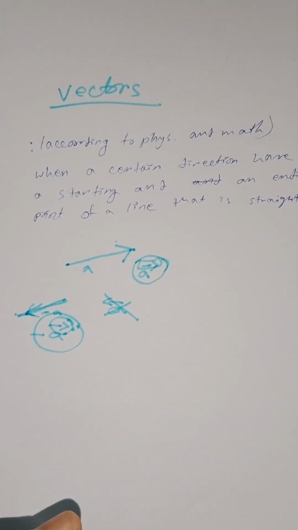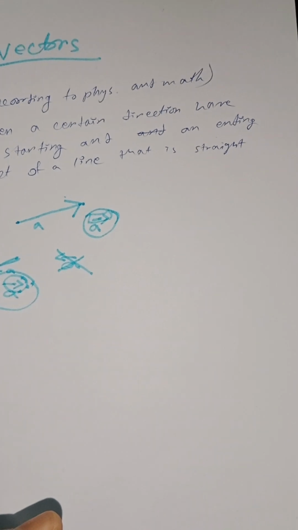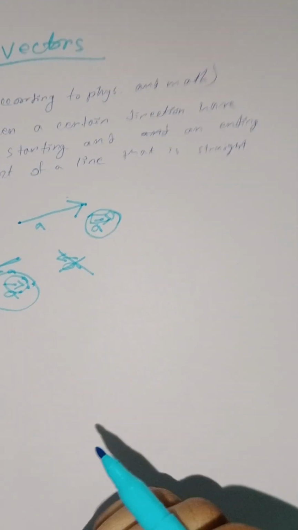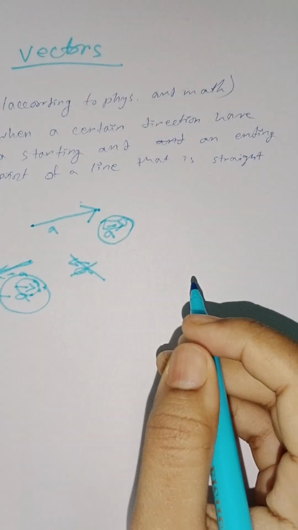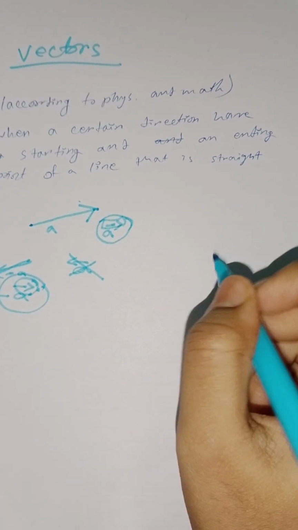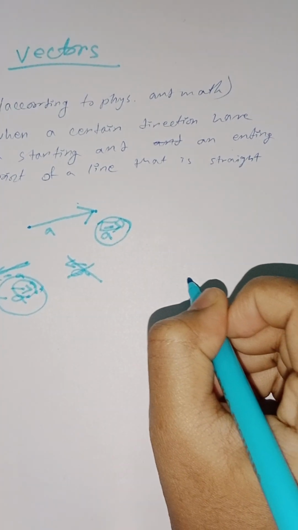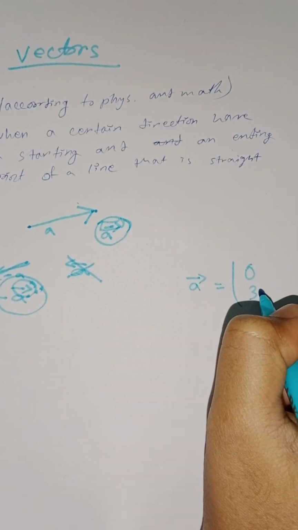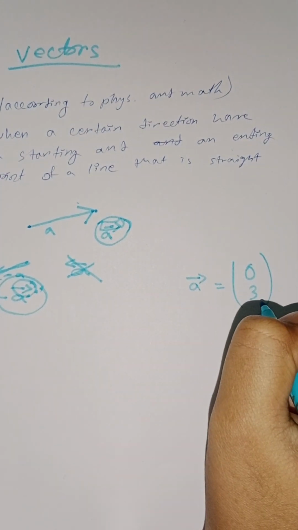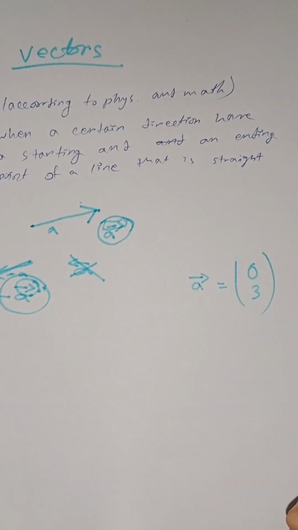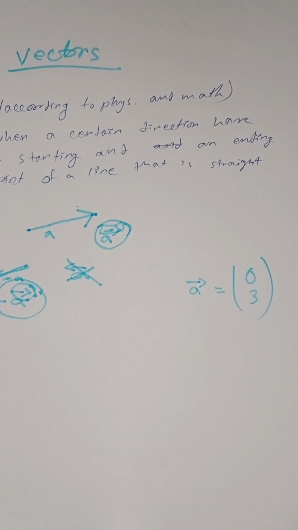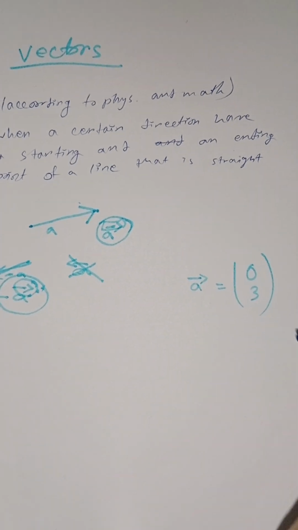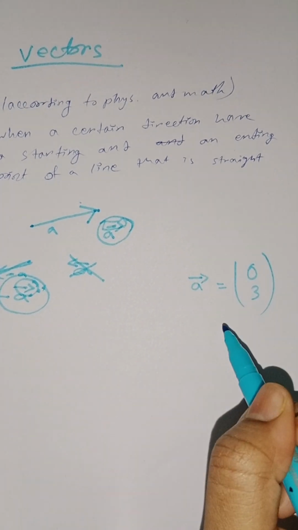That is about it. Now we are also going to see how we can do a few maths. So suppose I'm saying that vector A is 0 and 3. Now you may be asking, where do I put the 0 and where do I put the 3? So in order to solve this, you might be wondering, where to start?